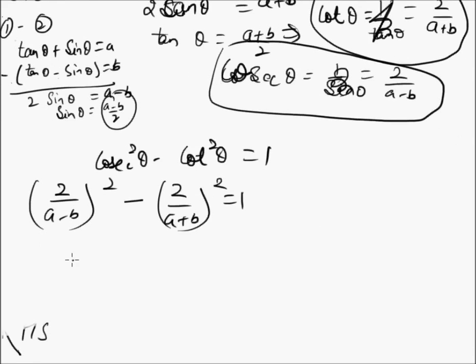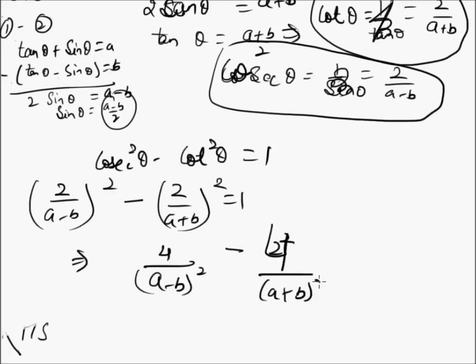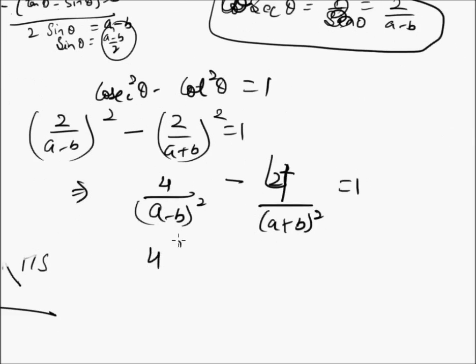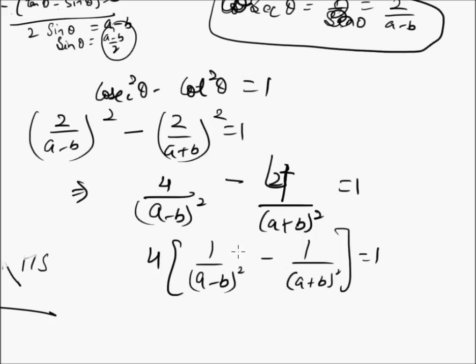That is, 2 square, which is 4 over A minus B whole square, minus 2 square, which is again 4 over A plus B whole square, is 1. 4 can be taken common, so we have 1 over A minus B whole square minus 1 over A plus B whole square equals 1 by 4 after bringing this 4 to the other side.